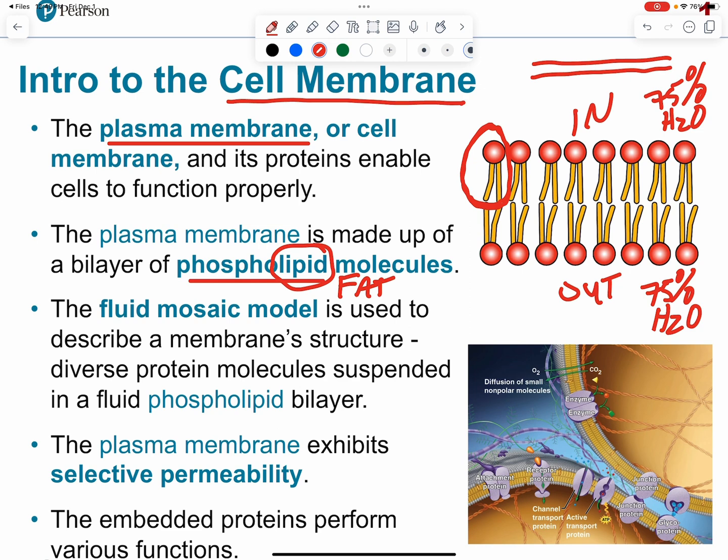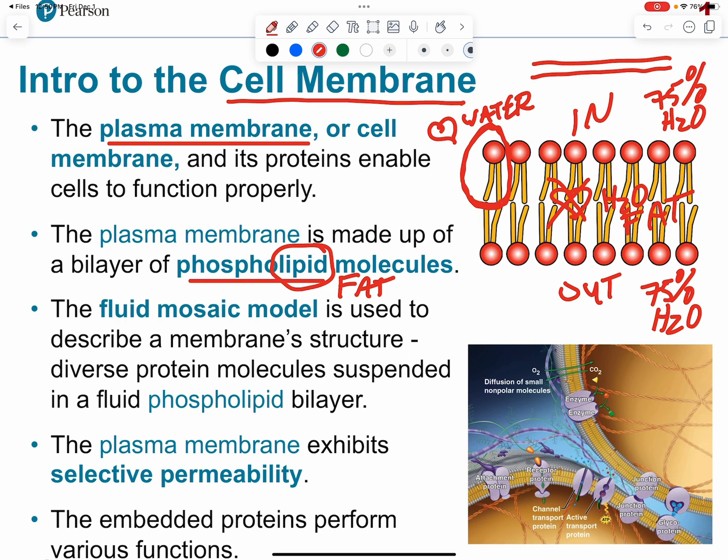It's facing toward water. So this side likes water. I'll put loves water. And this side does not love water. This is where the fat is. So the tails are the fatty acid tails.